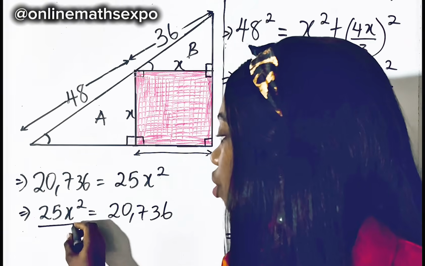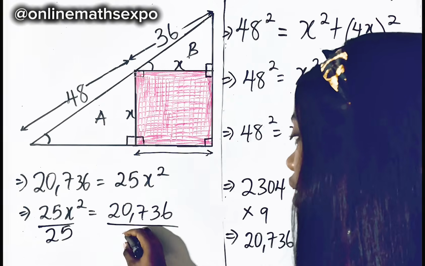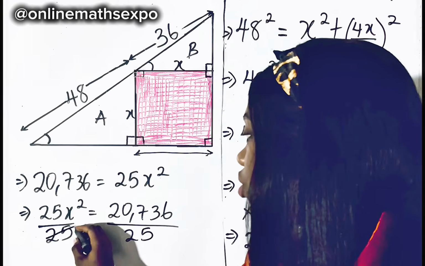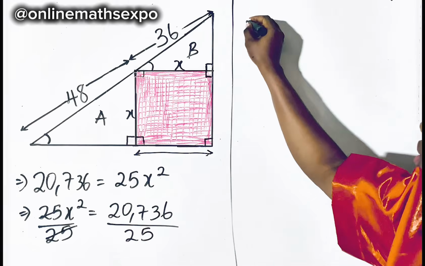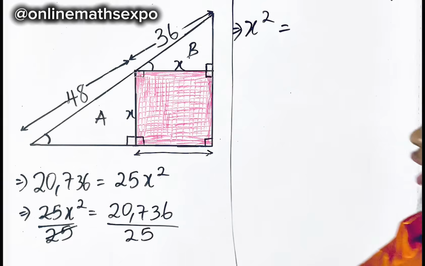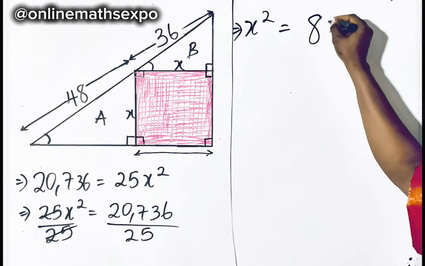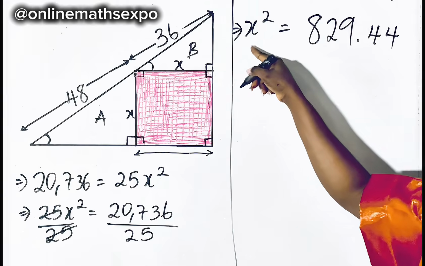So to remove this 25, you divide, since they are both multiplying. So we divide this by 25. This will take this off. Divide this, and we are going to have x squared is equal to 829.44. So this is what we have for x squared.